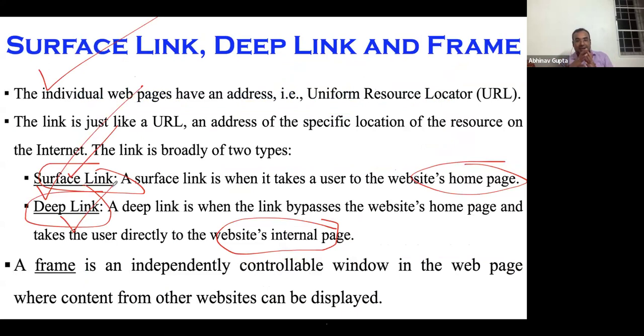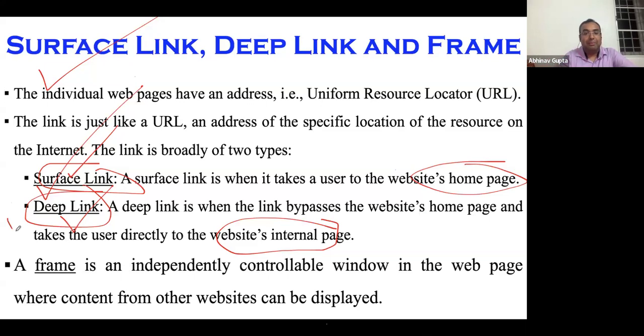Now, this becomes very, very important from the perspective of commercial aspect because most of the websites earn revenues through advertisements, and advertisements are based on the number of clicks these websites get for their homepage. So, the more clicks a website gets for its homepage, the more chances are that different companies will put advertisements on the website.